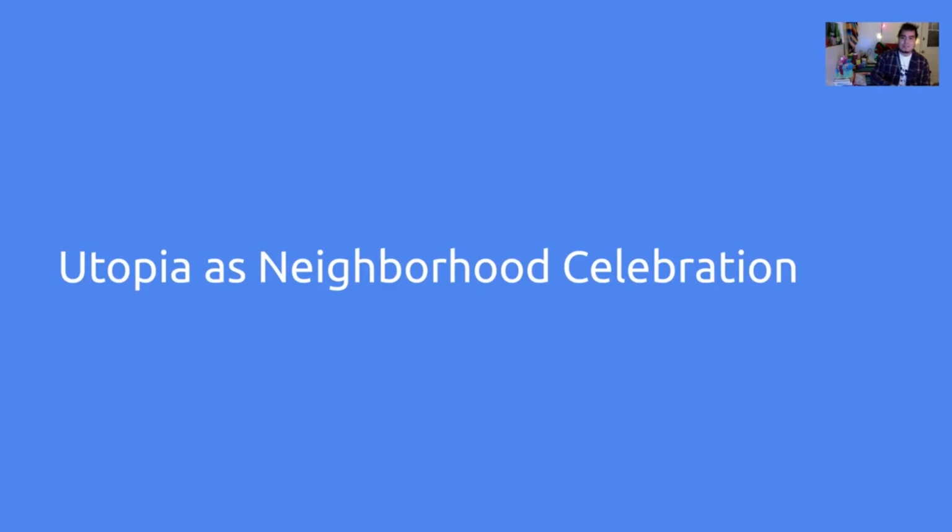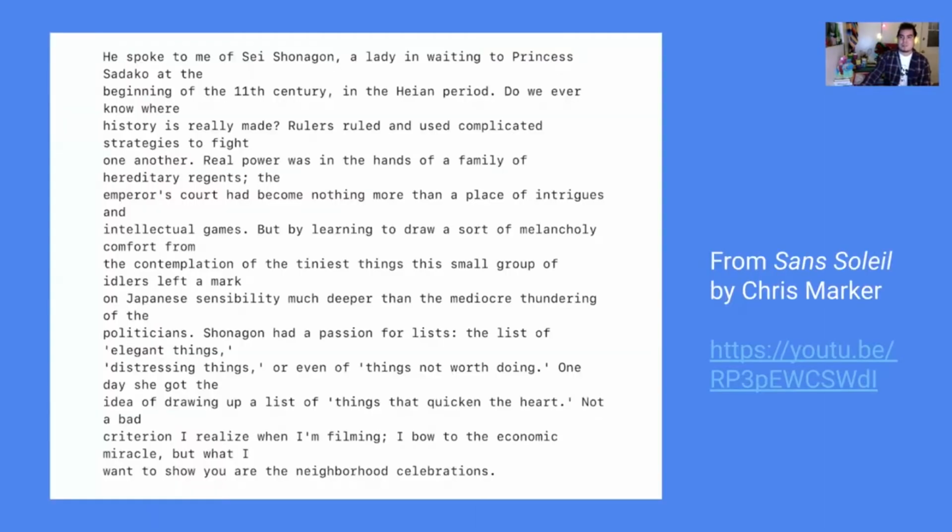And it's exciting because that effort can be short-lived or full of shortcomings, but it is also like realizing a beautiful version, or participating in what's most beautiful in life. So I like thinking of utopia on a small scale, as a neighborhood celebration.